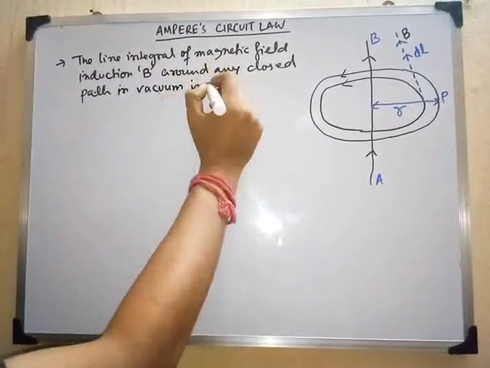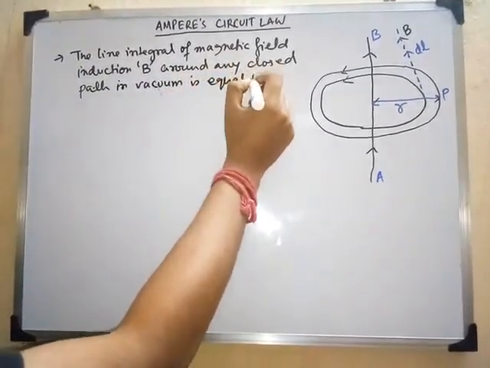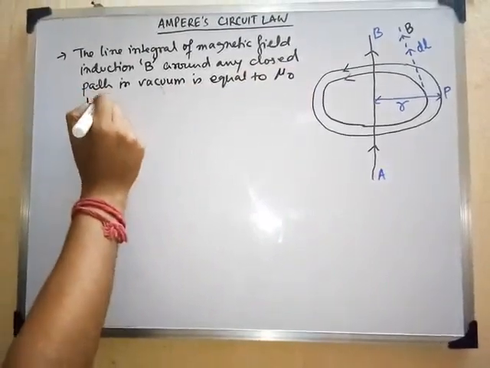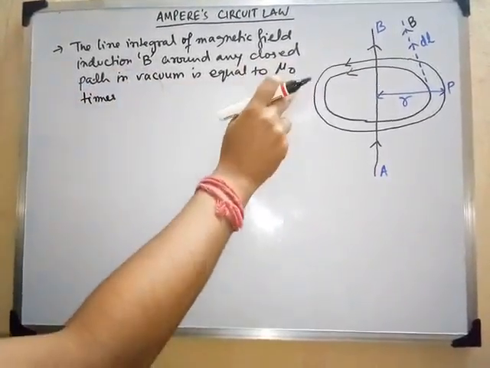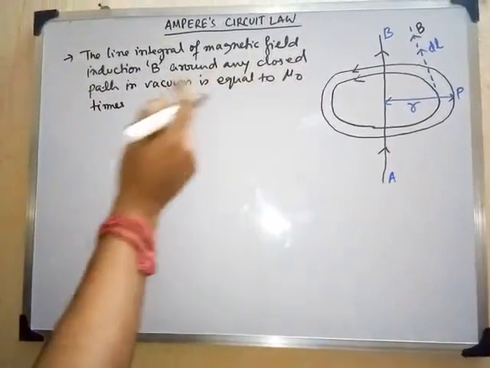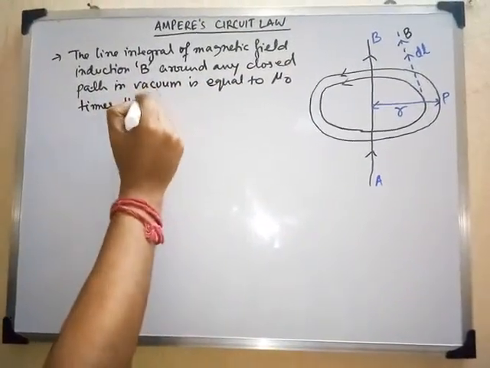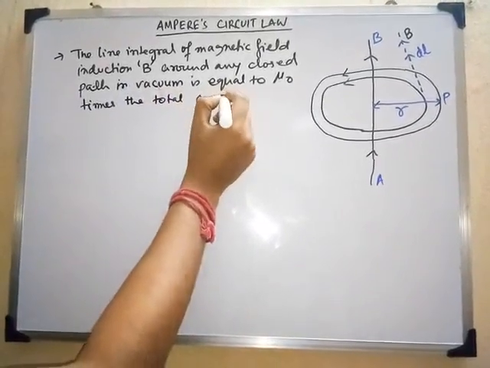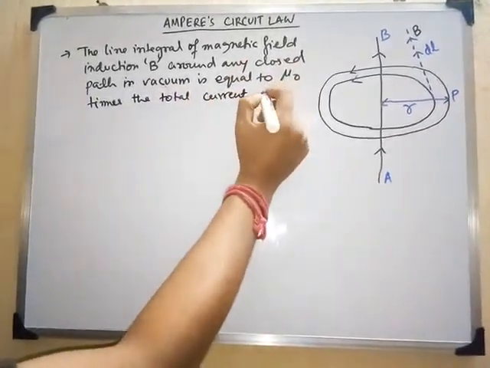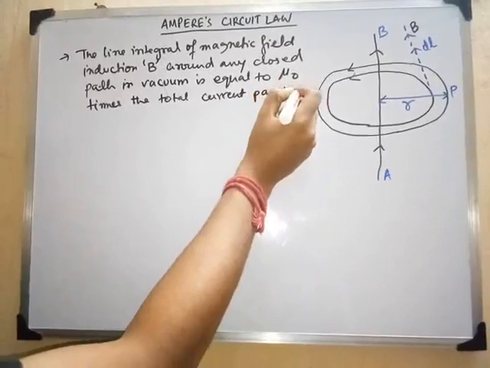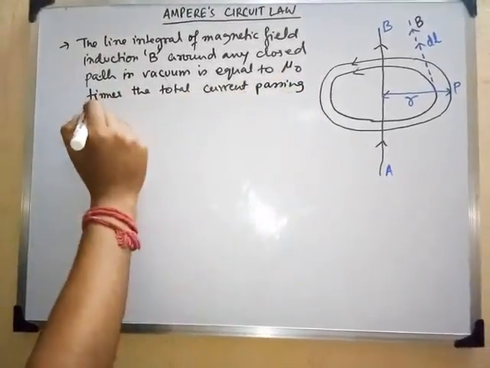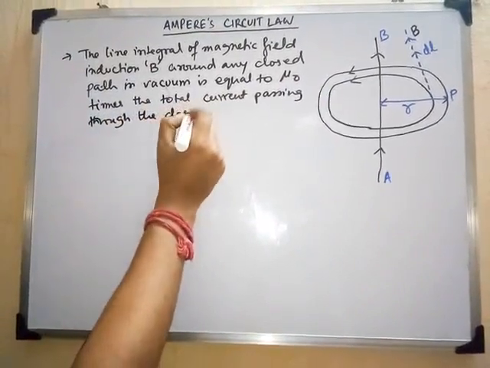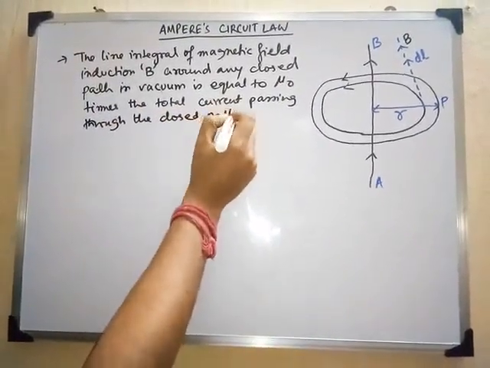is equal to mu naught times the total current, mu naught is the permeability of free space, that is total current I, that is passing through the closed path, right?